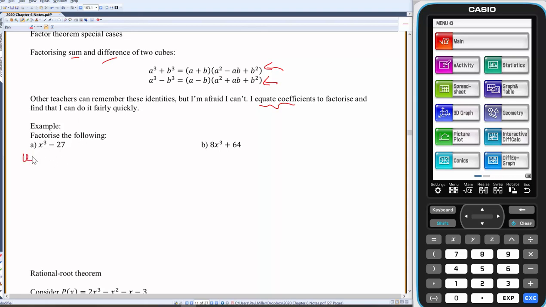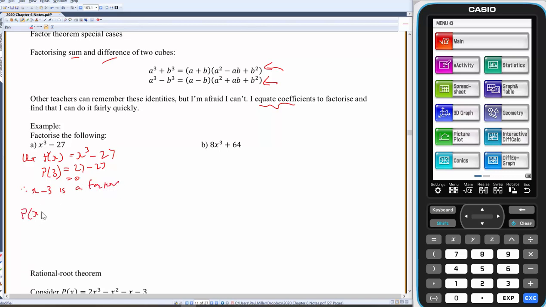Okay, so we're going to say let p of x equal x cubed take 27. What I'm going to do is attempt to factorize this as normal. So I believe that p of 3 will make the remainder 0. So that's going to be 27 take away 27, which is 0. Therefore, x take 3 is a factor.